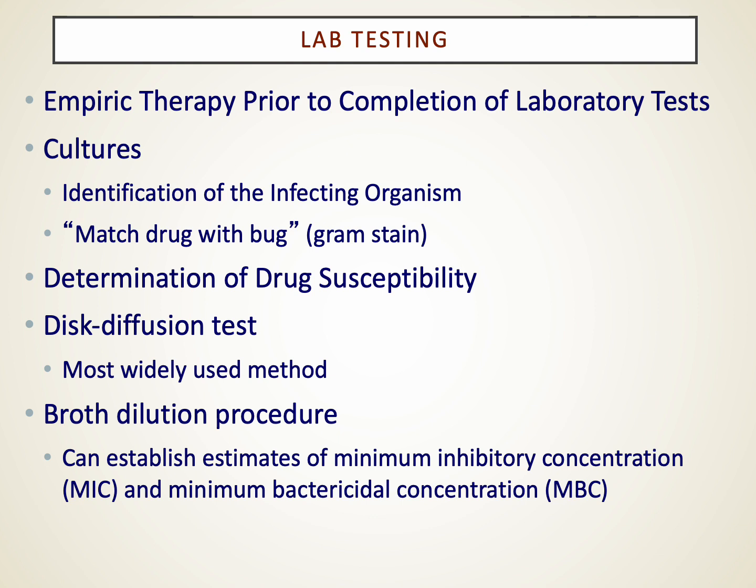The most common way that labs do these cultures these days is this broth dilution method. That's what we showed you maybe 20 minutes, a half an hour ago with these test tubes with the different concentrations of the drug. But we also use sometimes the older disc diffusion method on a Petri dish.